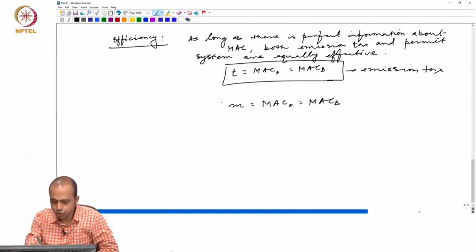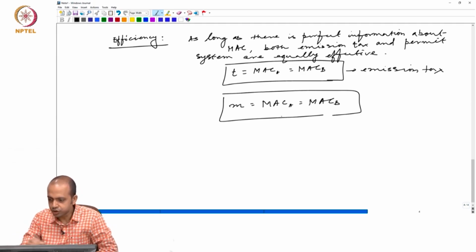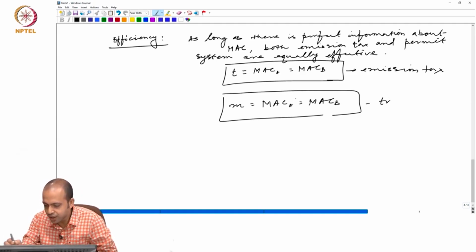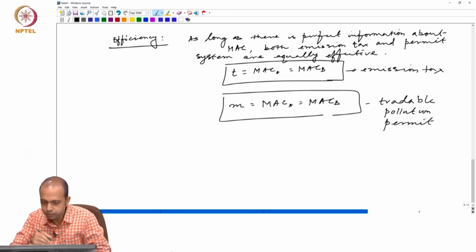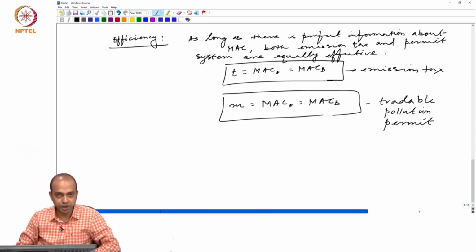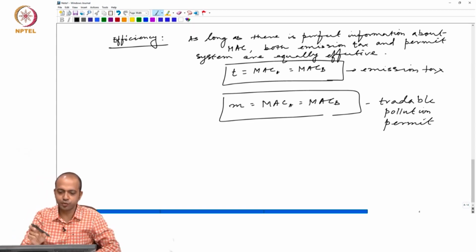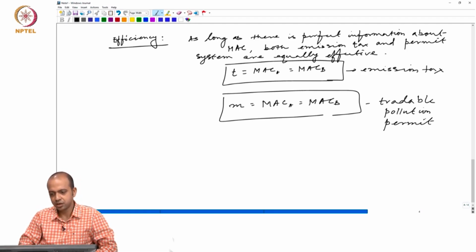So we need to know the marginal abatement cost of each firm. Each firm is equating their marginal cost of abatement with the given tax rate, or with the permit price. So, as long as MAC A and MAC B, marginal abatement cost, are known with complete certainty, both the policies are equally efficient.